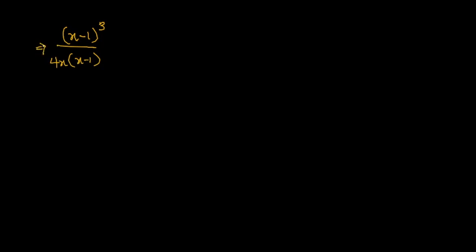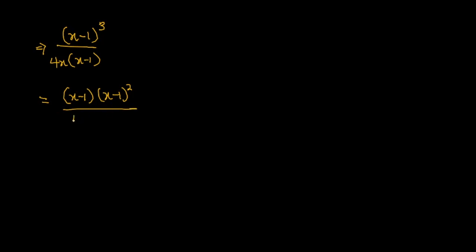Now, for you to simplify this expression, you need to write the numerator that you have, which is x minus 1 all raised to the power cube. You need to expand that bracket or write it in a form that is easier for you to cancel. What I mean by that is, we can write the numerator as x minus 1 multiplied by x minus 1 all squared. I can rewrite what I have at the top as this over here.